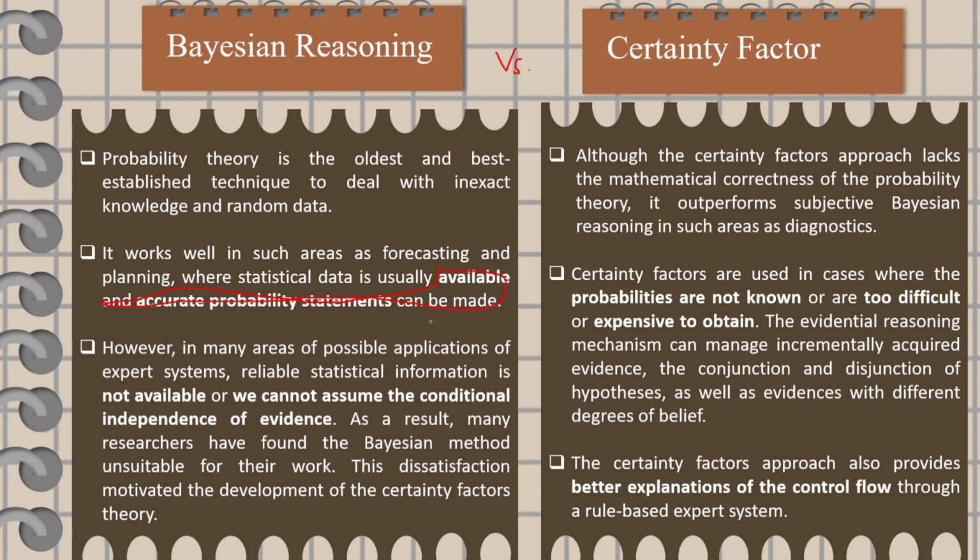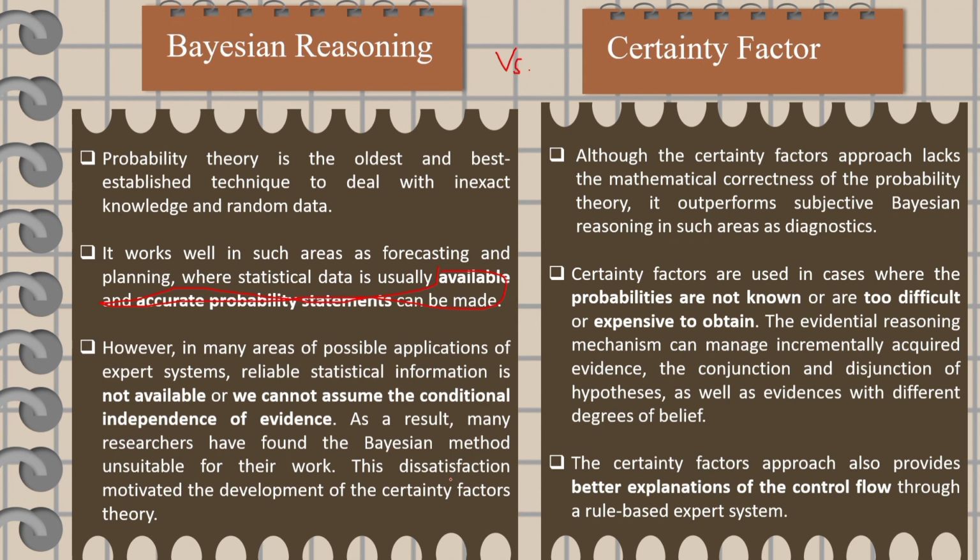If these two are not available, then we are using the certainty factor. However, in many areas of possible applications of expert systems, reliable statistical information is not available or we cannot assume the conditional independence of evidence. As a result, many researchers have found the Bayesian method unsuitable for their work.